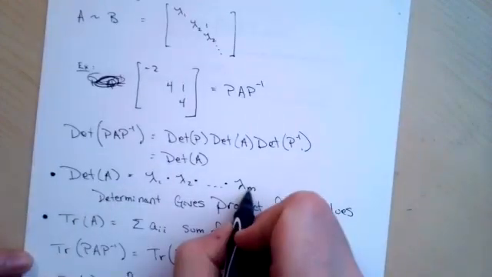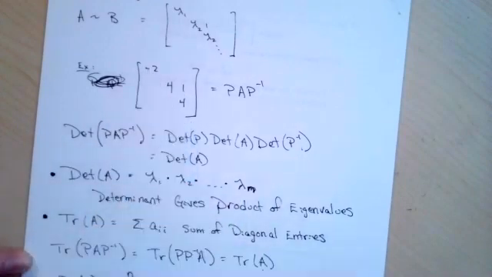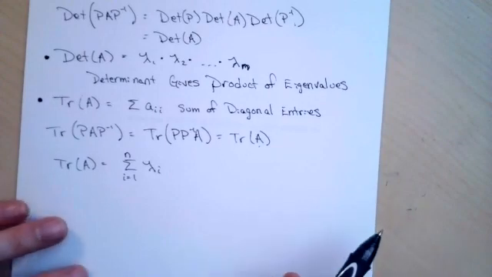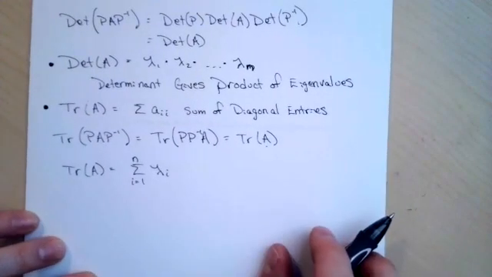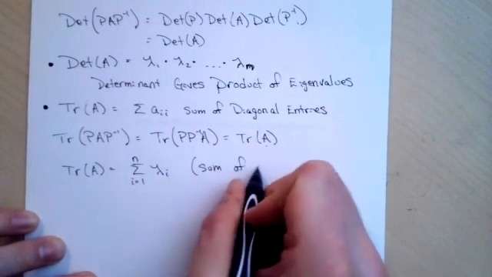I guess we should say n here, since if we get it as close as possible, we will have an n by n matrix. Some of the eigenvalues will be repeated. So this is the sum of eigenvalues.